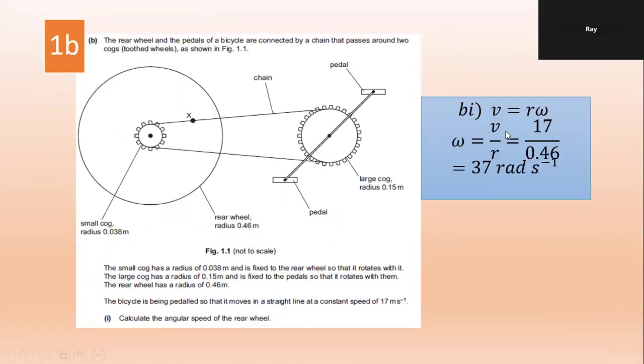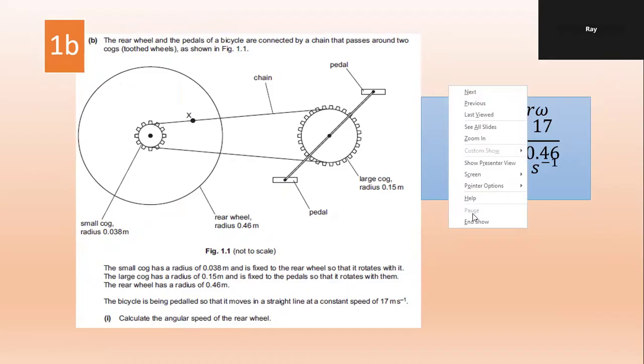That's how we calculate our omega. One smaller, and one smaller, right? So that's why we get our angular speed, no?